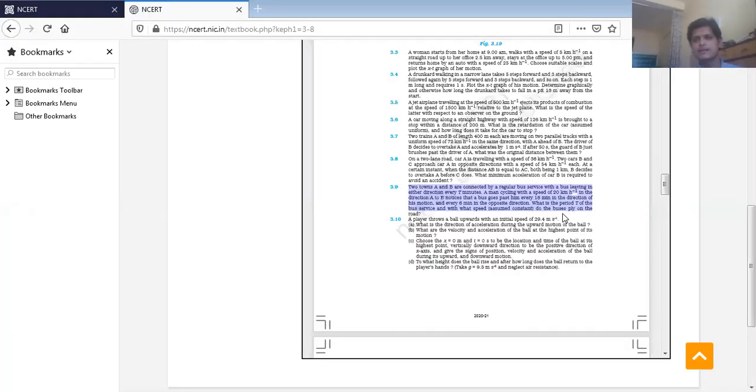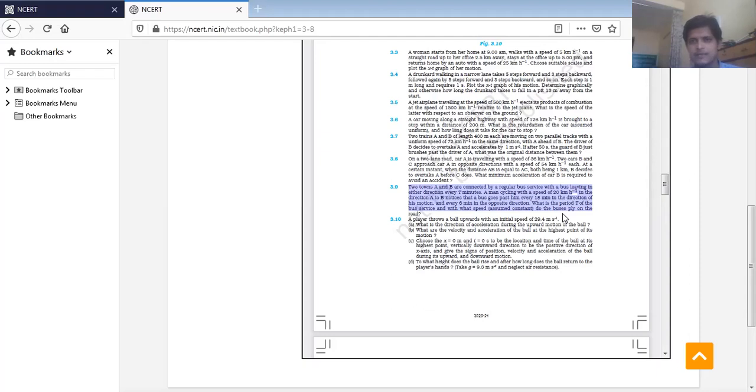In this question 3.9, two towns A and B are connected by a regular bus service with a bus leaving in either direction every 10 minutes. A man cycling with a speed of 20 kilometers per hour in the direction A to B noticed that a bus goes past him every 18 minutes in the direction from A to B and every 6 minutes in the opposite direction.